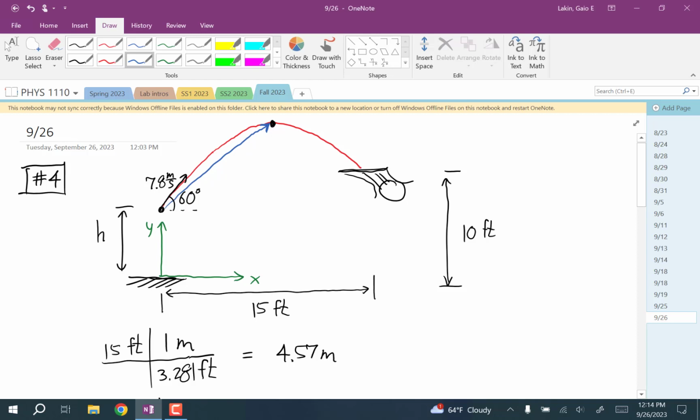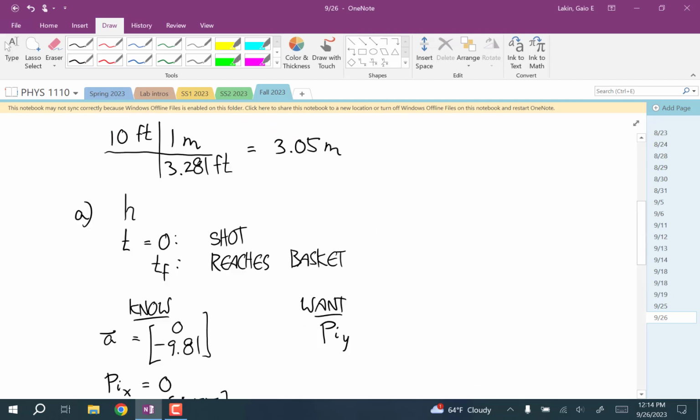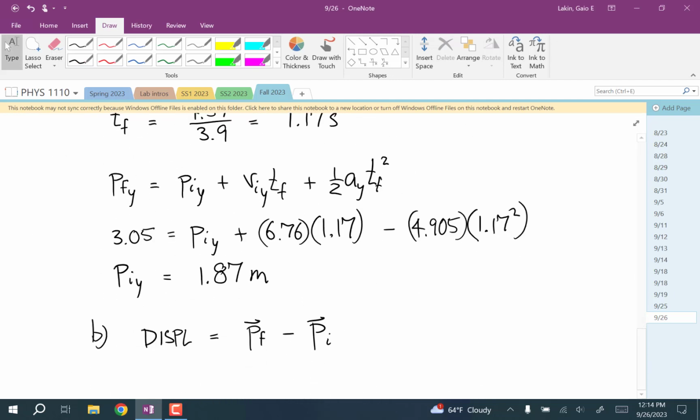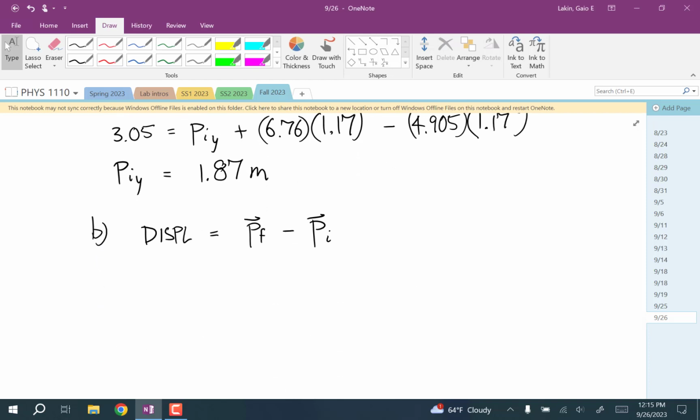In order to do that, we already know the position when the ball is shot. We have to figure out the position vector when the ball's at its highest point. So we have to come up with an X and a Y component, okay? Do we have to choose our time equals 0 or time final to do this?